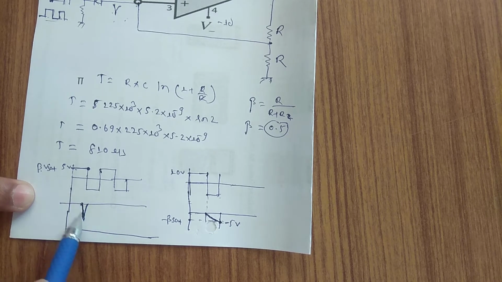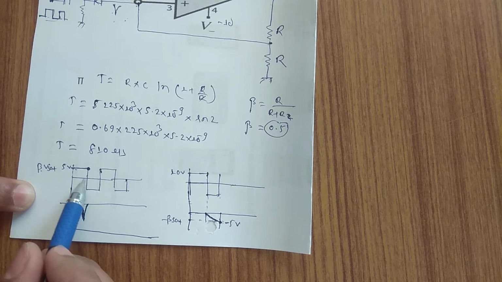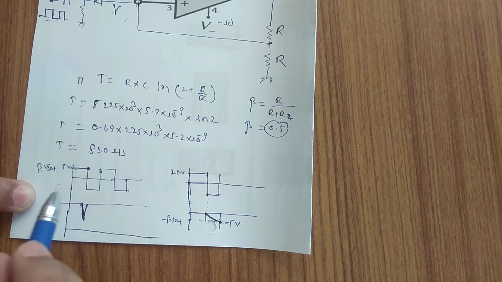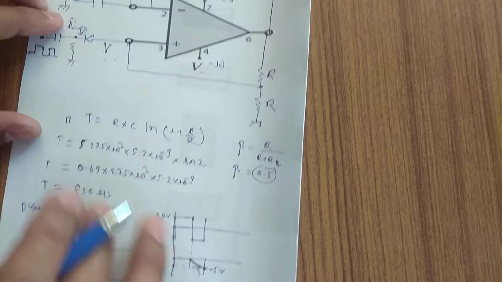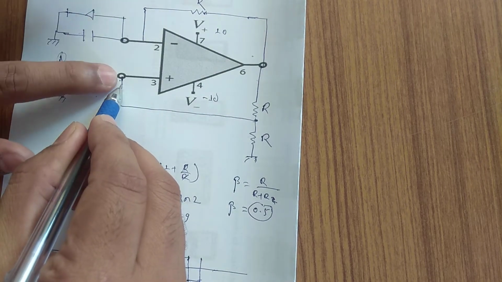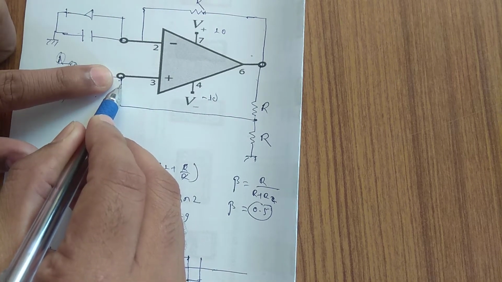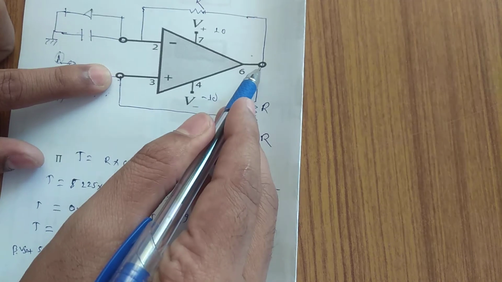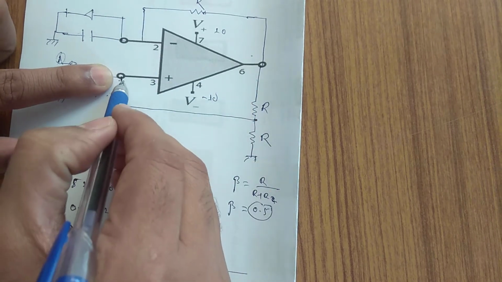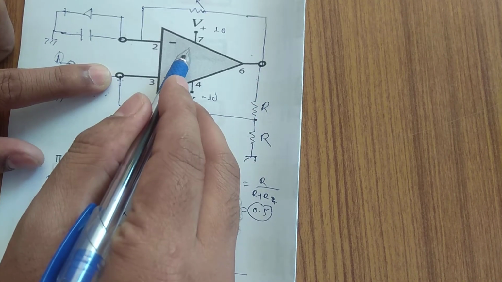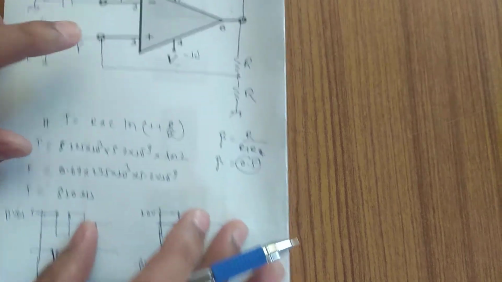This will superimpose a negative pulse of high magnitude, so that for a small time a negative value comes. When there is a negative value at terminal 3, then definitely the output is going to go negative, because this minus this voltage into open loop gain is going to give the output.